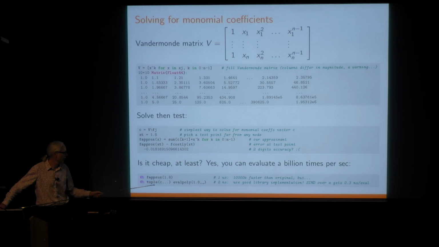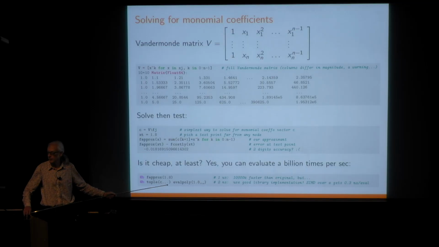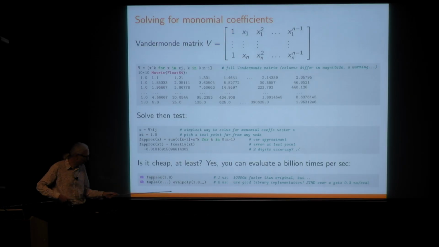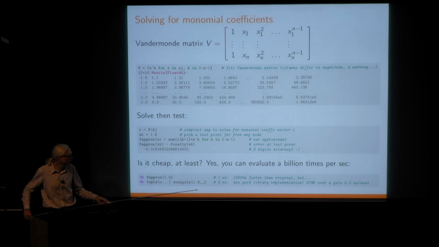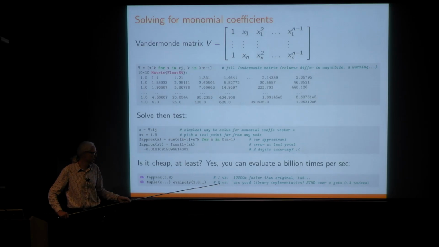This little trick here is actually, now you start getting into little HPC things, and many languages will have such tricks. It's to tell Julia that this thing is a fixed length set of coefficients. And once it knows its fixed length, it can actually compile a custom evaluator for that length, which will use SIMD and various stuff. And then you get 2 nanoseconds per eval.